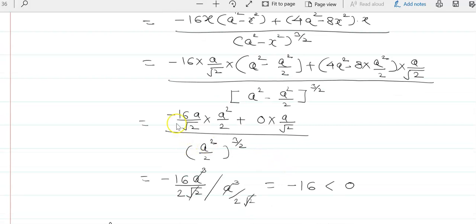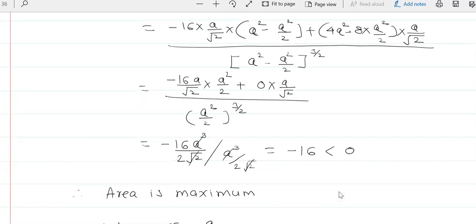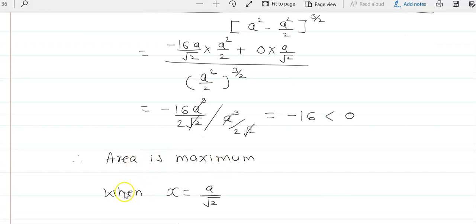And that's why you will get −16a³/(2√2) divided by this quantity, a³/(2√2), that is 2 raised to 3/2, which means 2√2. If we simplify this, you will get −16, which is less than 0. And this is the condition for the maximum. Therefore, the area is a maximum when x = a/√2.